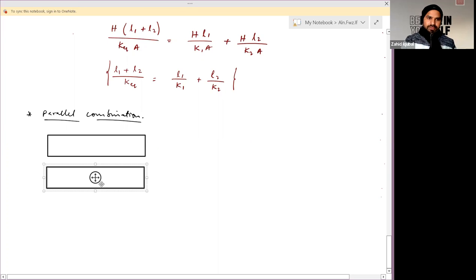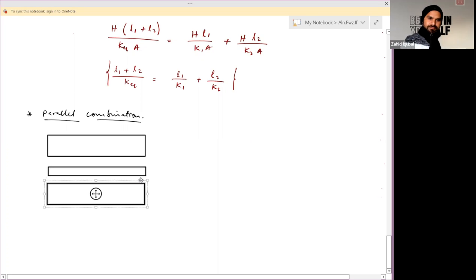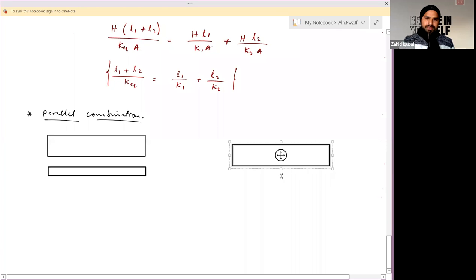This is first rod. And this is second one. And this is their equivalent part.